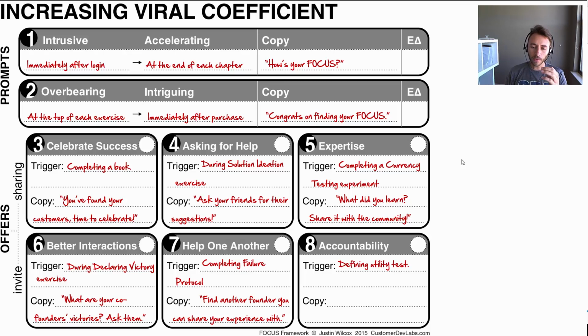So in this case, let's say after defining a utility test, one of the things I can encourage someone to do is ask a fellow founder to review your experiment. Make sure you're actually testing something and you're doing it the right way. By doing that, you're holding your customer accountable, and they're doing so by asking someone else to review and give advice and feedback on their experiment. All right, so these are some examples and some brainstorming ways to actually create better offers.